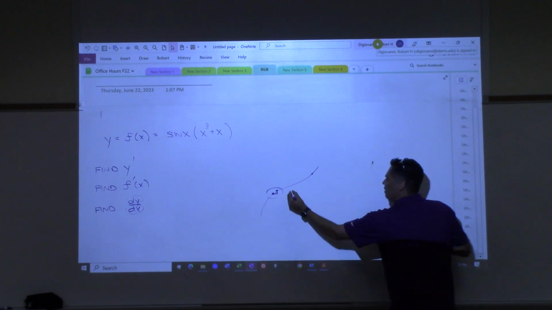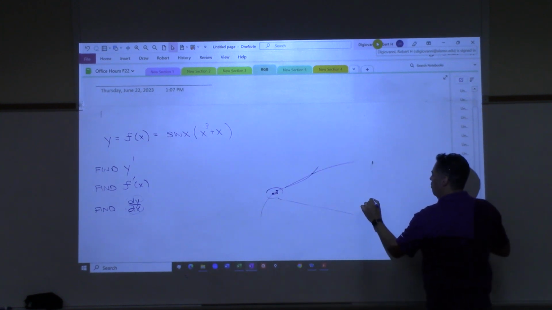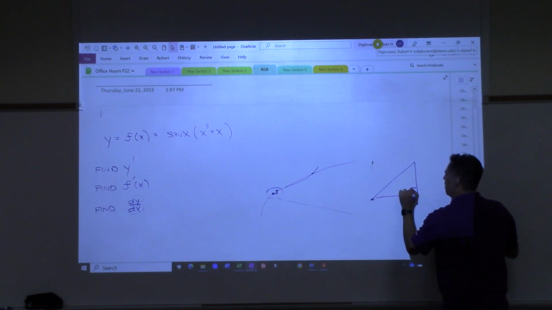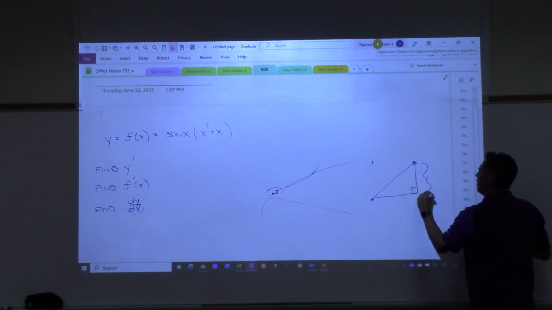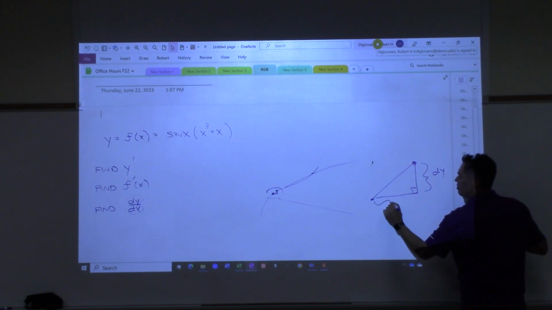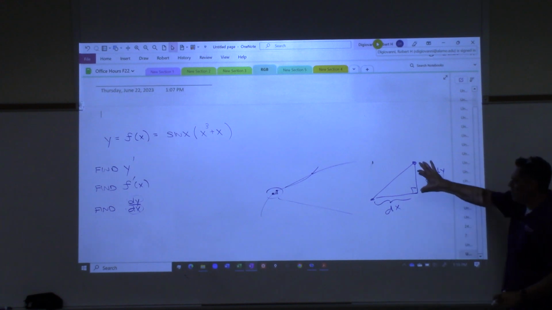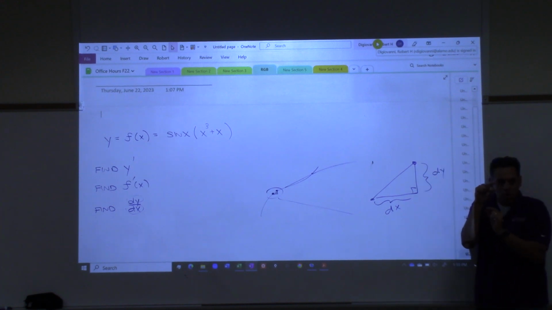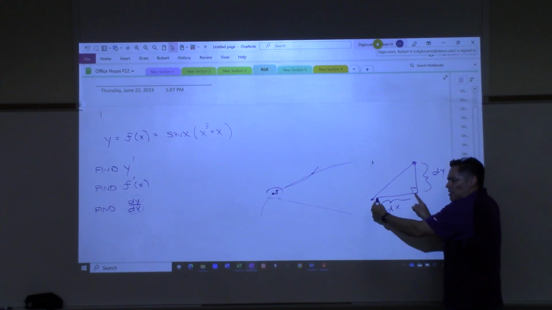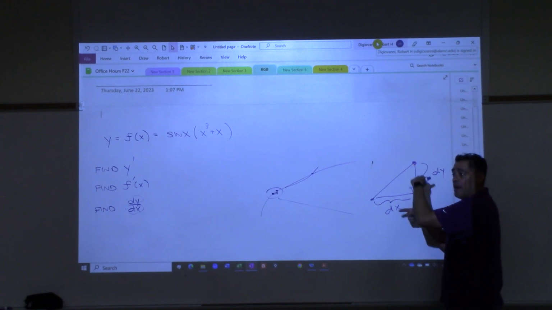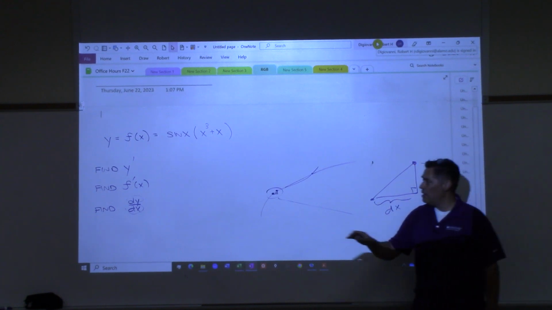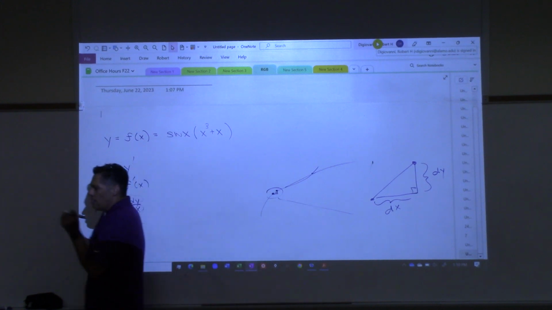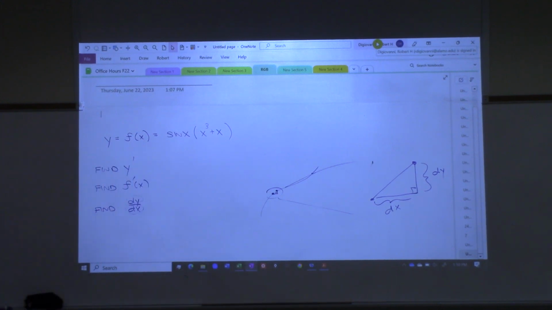Let's zoom in on that. You have this point, right triangle like this. And this right here is like your dy, and this is your dx. It's like your infinitesimal little tiny change in y. If x changes a little bit, how much does y change by? That ratio is a slope. All right, so that notation really illustrates the fact that you have a slope here, right? And what else could I write?